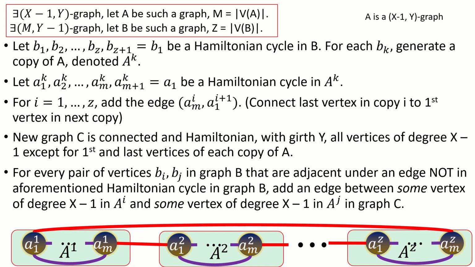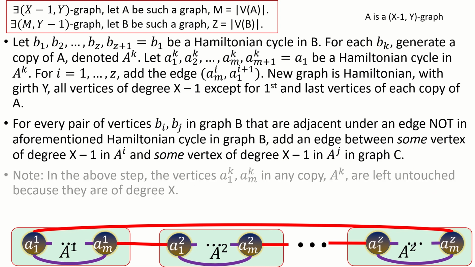Specifically, we add this edge between two vertices of degree x minus 1 in those copies. Note the requirement that the vertices be of degree x minus 1 excludes the first and final vertices of each copy, which have already been given degree x.